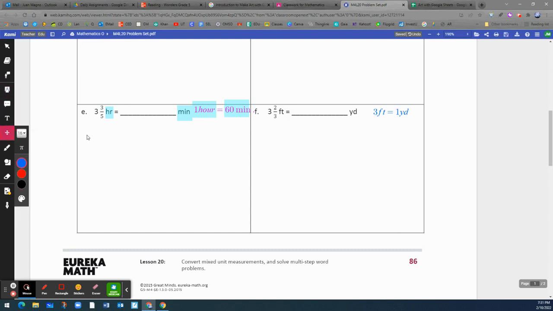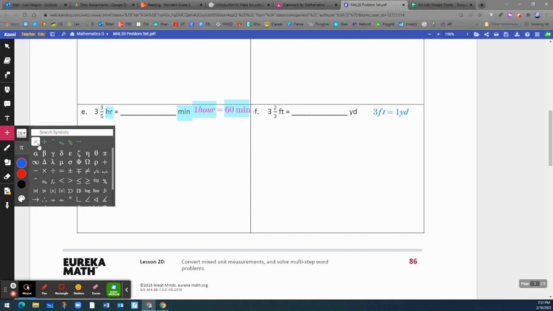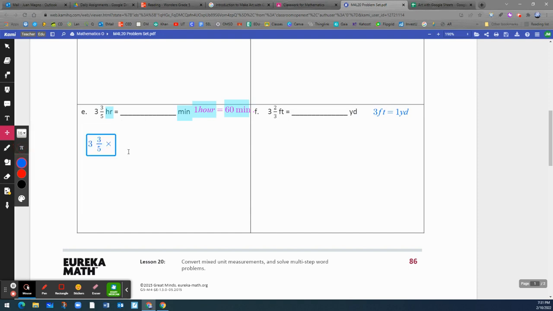And the way we do this is we're going to copy the same fraction, which is 3 wholes and 3/5, and we're going to multiply that times 1 hour, right? Because we're going to change everything to an hour.